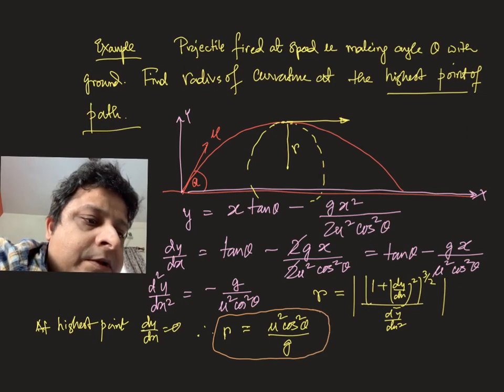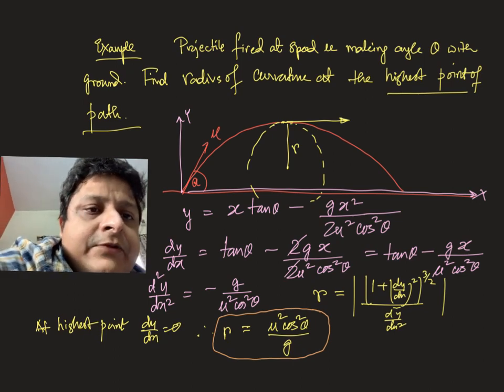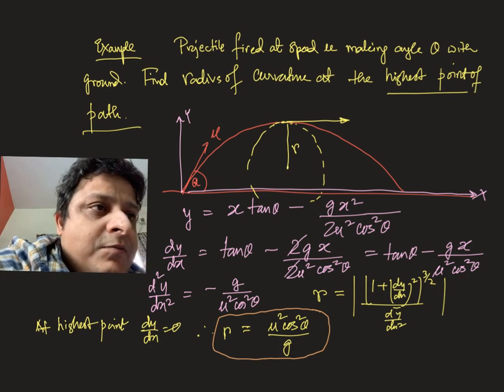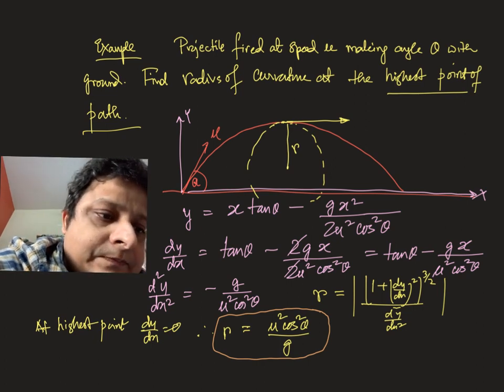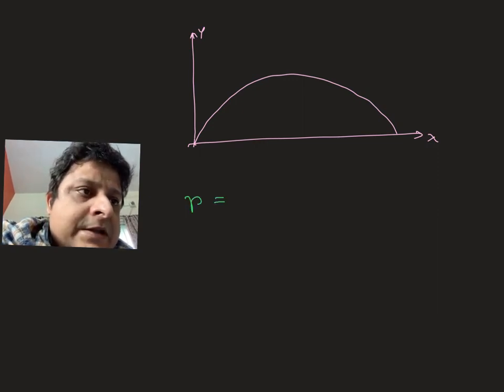Now let's recall a different method we have used, from the tangential and normal acceleration viewpoint. For any path, the radius of curvature is given by the square of the speed divided by the normal acceleration.